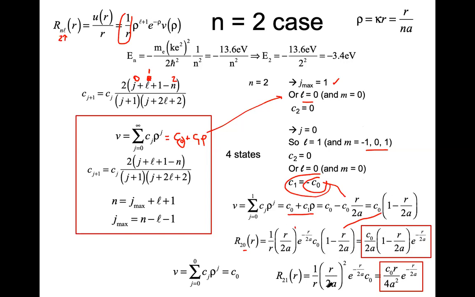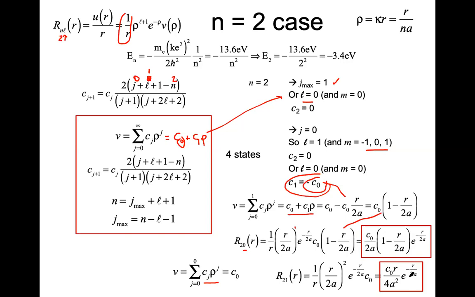Still N is equal to 2. I still have e to the minus rho, R over 2, or radius. And I've only got the one term from V, the C0 term, only the first term. Again, that's the state for when N is equal to 2 and L is equal to 1. And I have those two states right there.